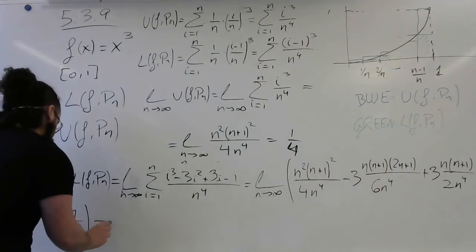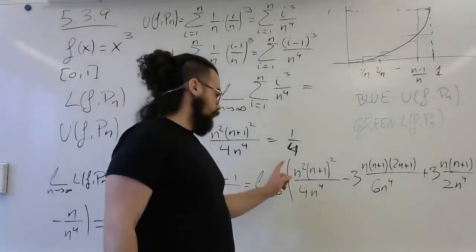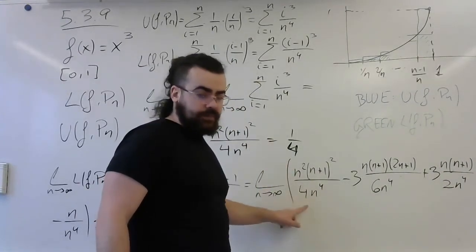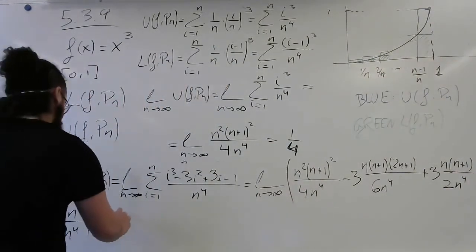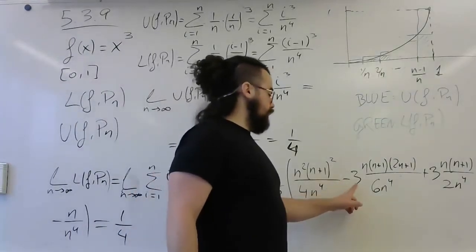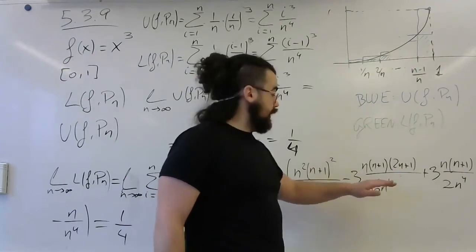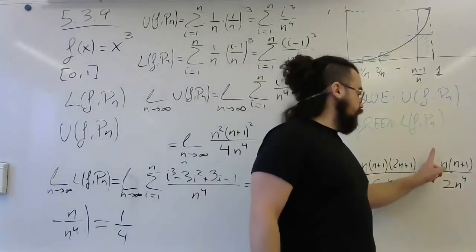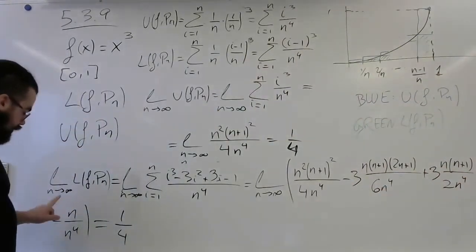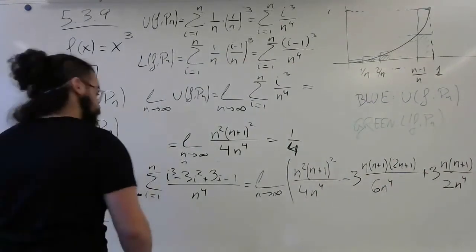Now, if we evaluate this at infinity, what happens? Polynomial of degree 4 over polynomial of degree 4, the limit of this is 1/4, minus 3, polynomial of degree 3 over polynomial of degree 4, this is 0, plus 3, polynomial of degree 2 over polynomial of degree 4, this is 0, minus polynomial of degree 1 over polynomial of degree 4, this is 0.